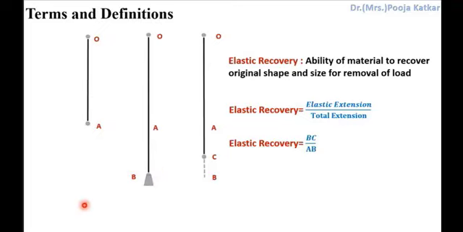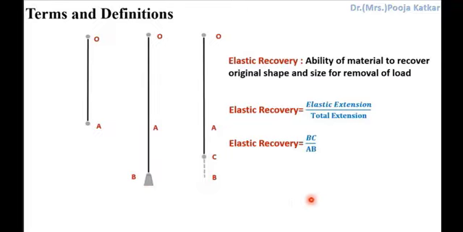Now when you remove the load, the material goes back to point C. As far as elastic extension is concerned, from B the sample has moved to C. So this is the elastic extension, the recovered extension, and therefore we can measure elastic recovery of the material by considering two values in this example, that is BC divided by AB.